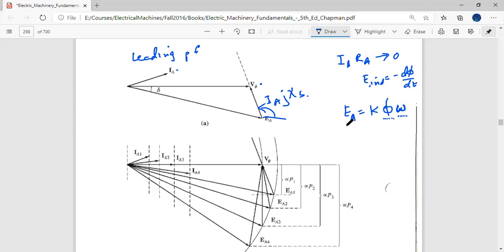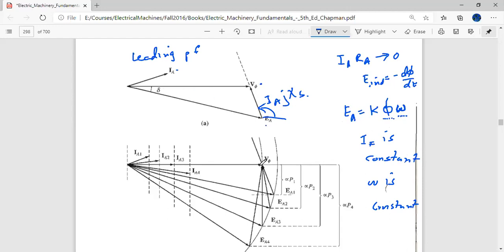So when we are changing the load on the machine, we are not doing anything to the excitation, so IF is constant. I'm also saying that omega is constant because it is a synchronous motor, which is always running at the synchronous speed. What happens is that only the torque angle, which is the angle between V phase and EA, would change.